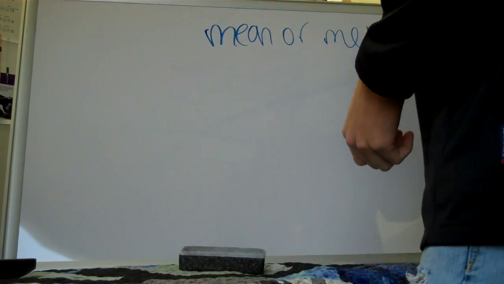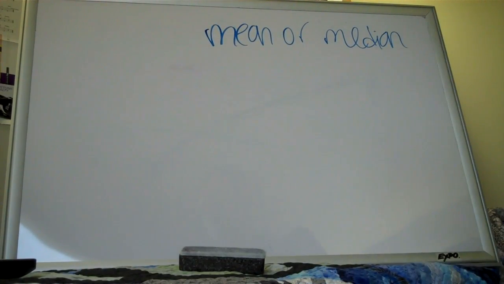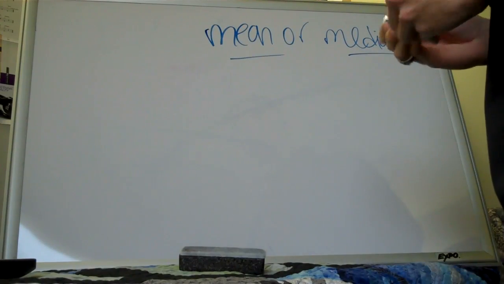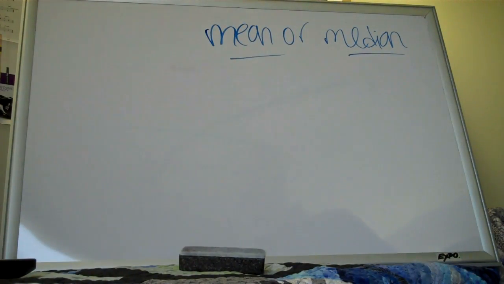So we're trying to find which is more accurate, the mean or the median. Actually, the problem is trying to raise John's test grade up to its highest average, and we're going to use these two methods to find which has the higher average.